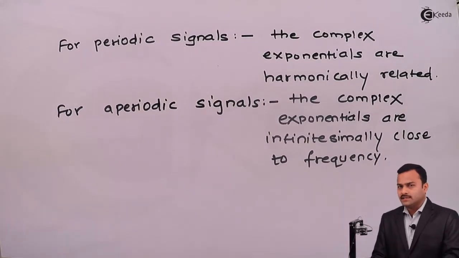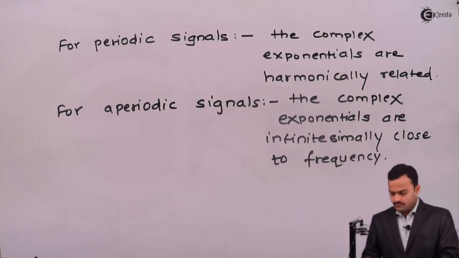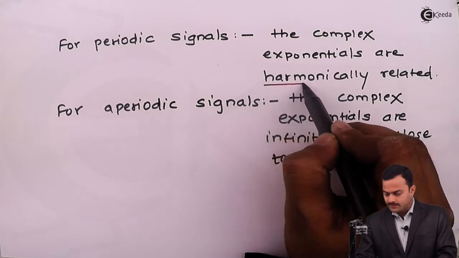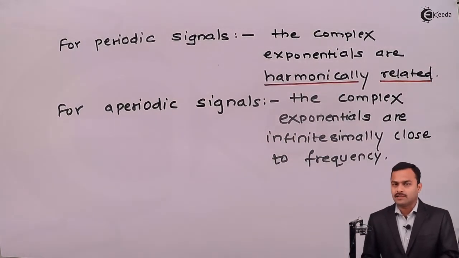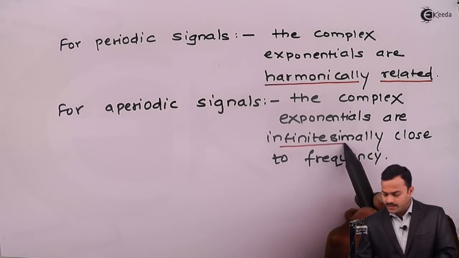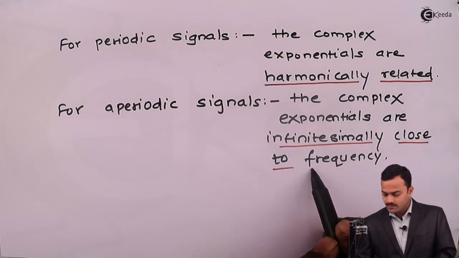We need to identify the difference between these two. Here they are harmonically related, meaning what? They have integer multiples of a fundamental frequency. But over here, these exponentials are very close in frequency.